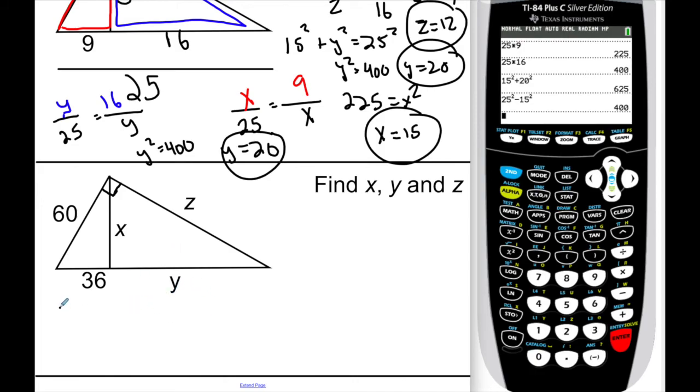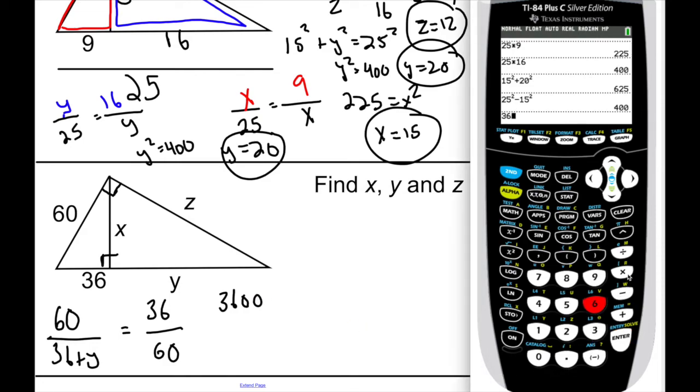So what I'm going to do is, I know that this is the hypotenuse of this little triangle. 36 plus y is the hypotenuse of the big triangle. 36 is the leg of this triangle. 60 is the corresponding leg in the other triangle. So I'm going to now do some cross multiplication.